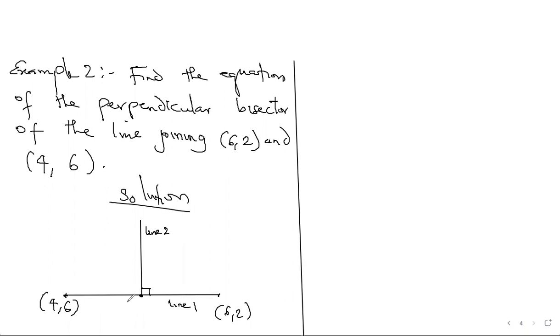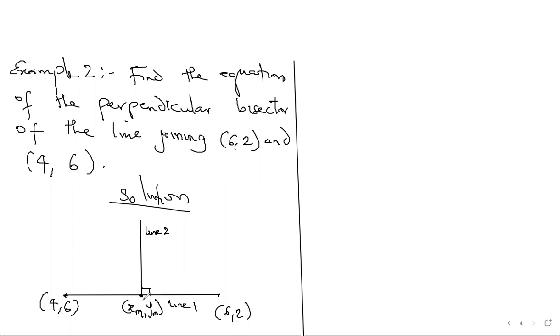I can use the midpoint formula to obtain these coordinates, xm, ym, which is the coordinate of the point that this line passes through. Once I get that coordinate, then what I need to do next is to determine the gradient of this line. That's easy because I can determine the gradient of this line. And if I use the relationship between 2 perpendicular lines, I can figure out the gradient of this line.